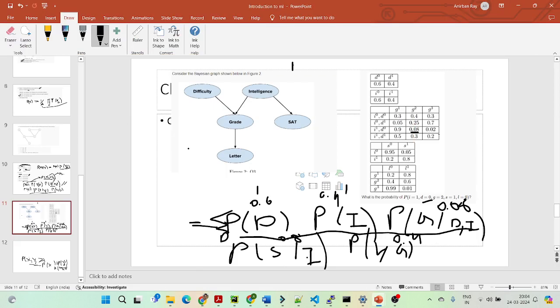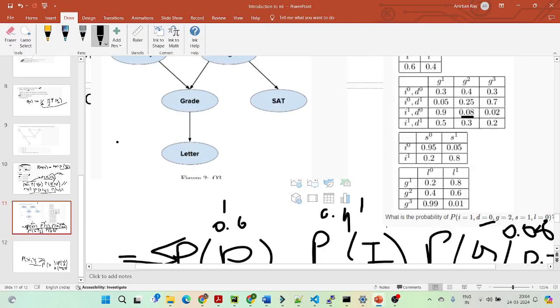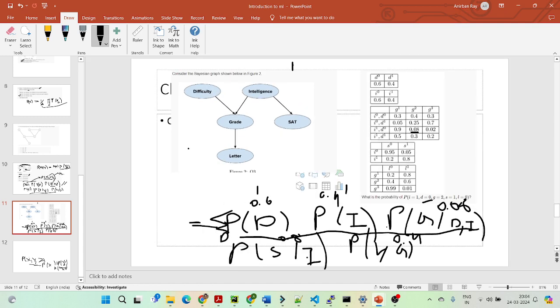So parameters, what do they mean? As you see, when calculating this, suppose the probability of G given D and I, it means that D and I are the parameters here. So how many such independent pairs are required here?